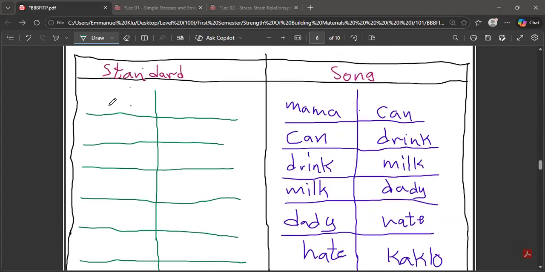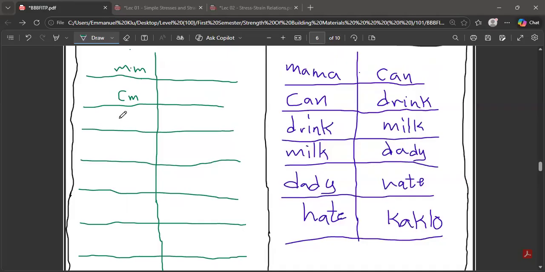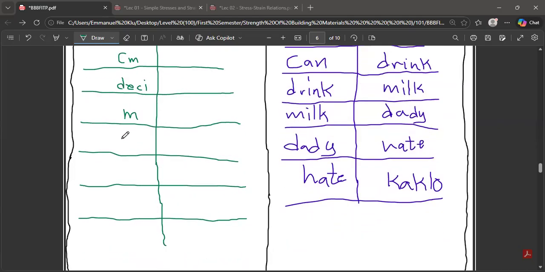So this goes as hecto. Anywhere you see mama, it means hecto. Millimeters. Do you understand me? Anywhere you see can, it means what? Centimeters. Drink means what? Decimeter. Milk means what? Millimeter. Deciliter.